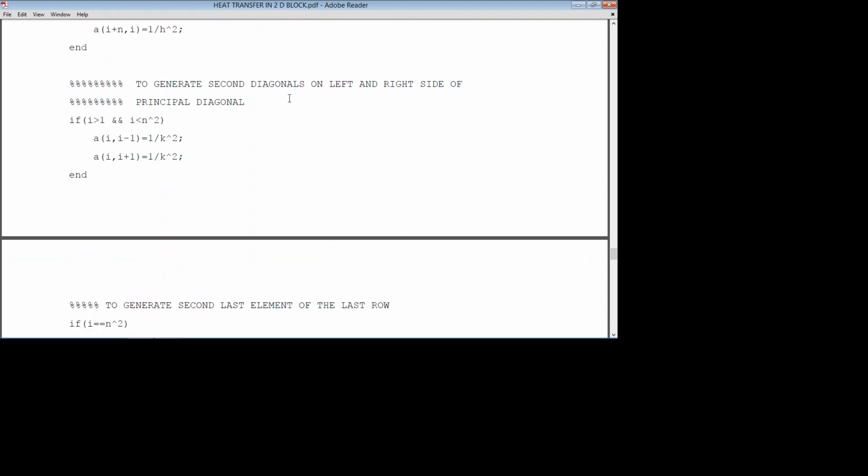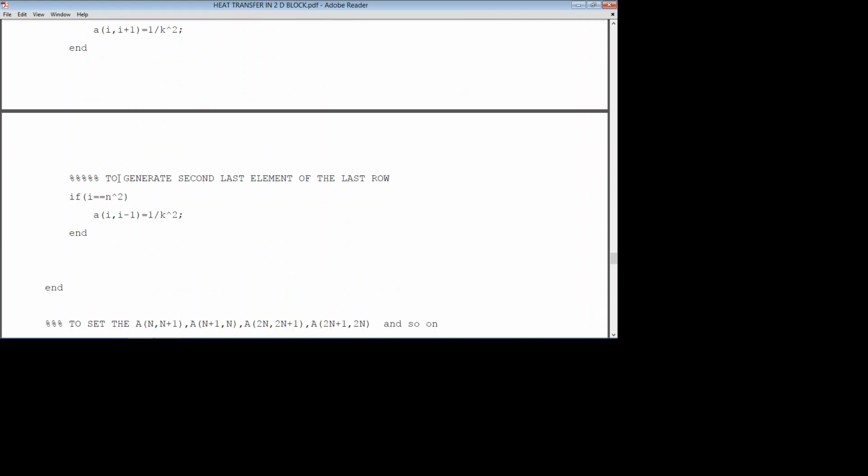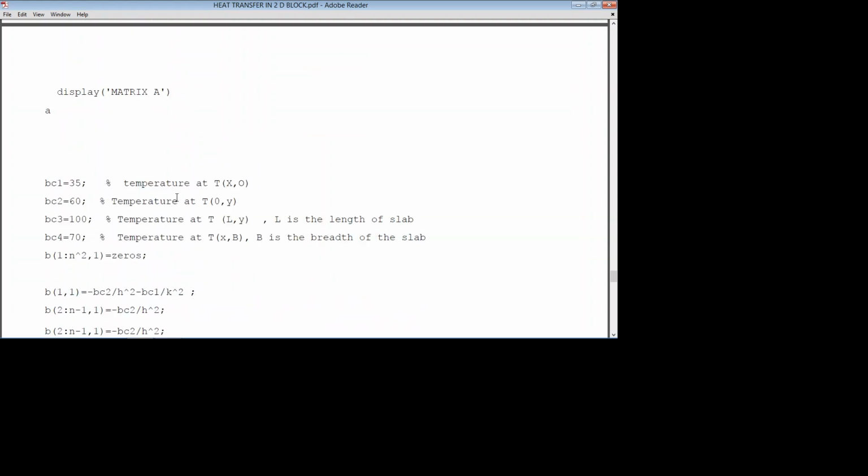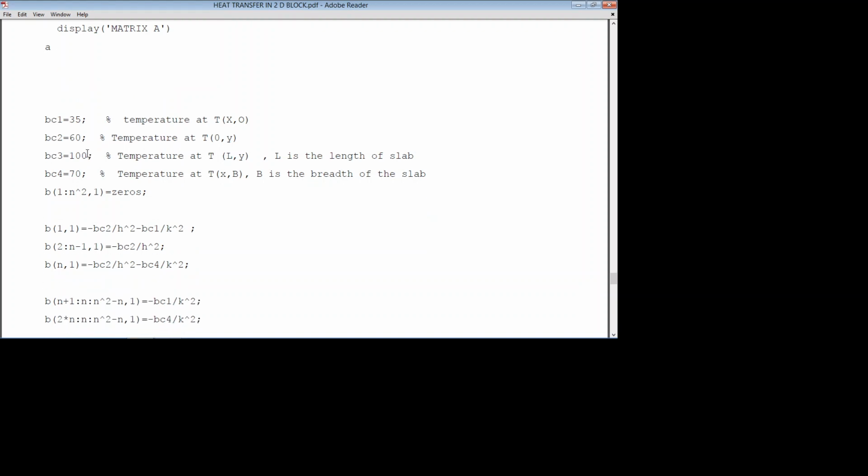Then we have generated the second diagonals of the left and right sides by these commands, and then we put in the condition here just to calculate this last row. Then we put in other conditions here so that we have calculated the 0 elements, and then we finally calculated the boundary condition matrix here.